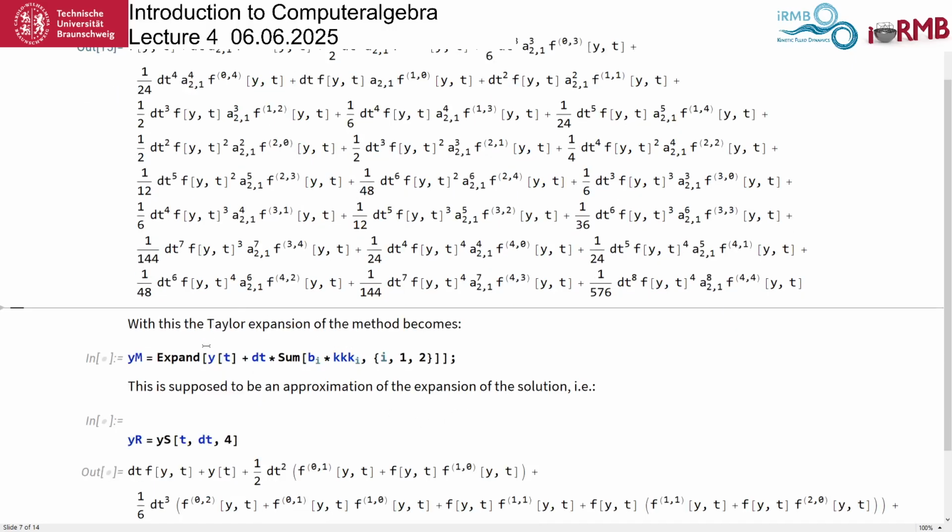The solution of our method is y of t plus delta t, the sum over bi times KKi, and in this case, because there are only two of them, this is from 1 to 2. So this is what comes out.